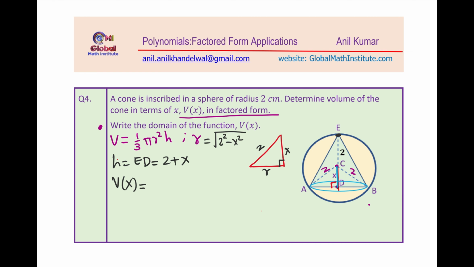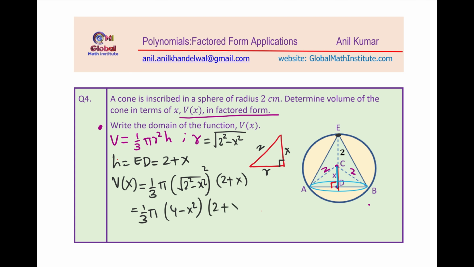So we have all the terms in terms of x, and therefore we can now write the volume as equal to 1 over 3 pi times square root of 2 square minus x square, whole square, and the height, which is 2 plus x. So that gives you 1 by 3 pi, 4 minus x square, and 2 plus x. So we have it in the factored form.